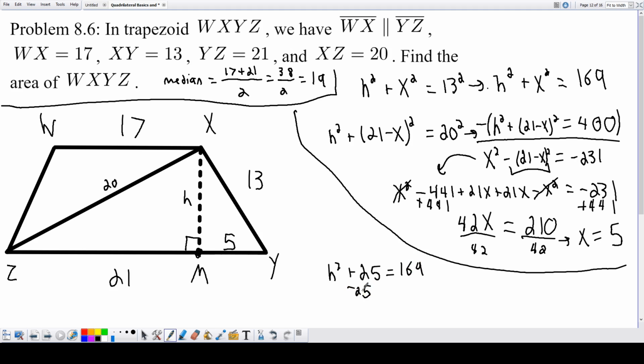Subtract 25 on both sides to get that h squared is equal to 144, which tells us that our h is 12.